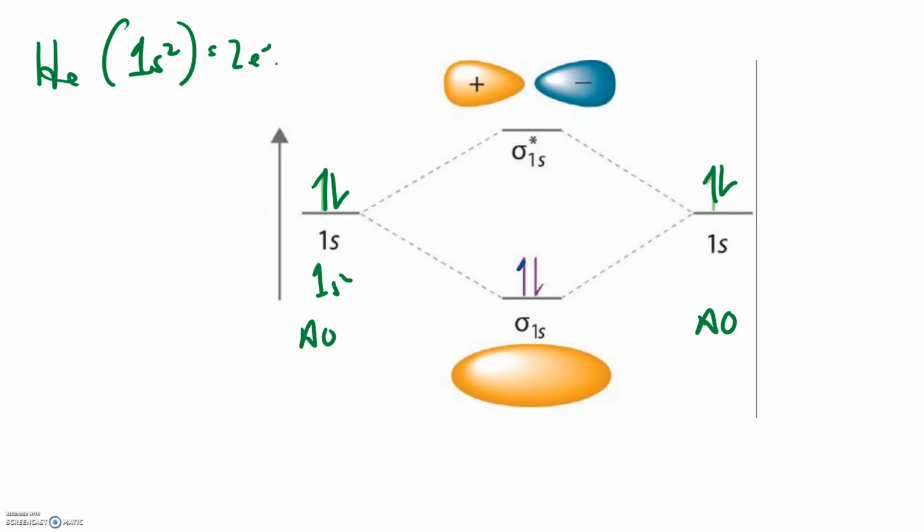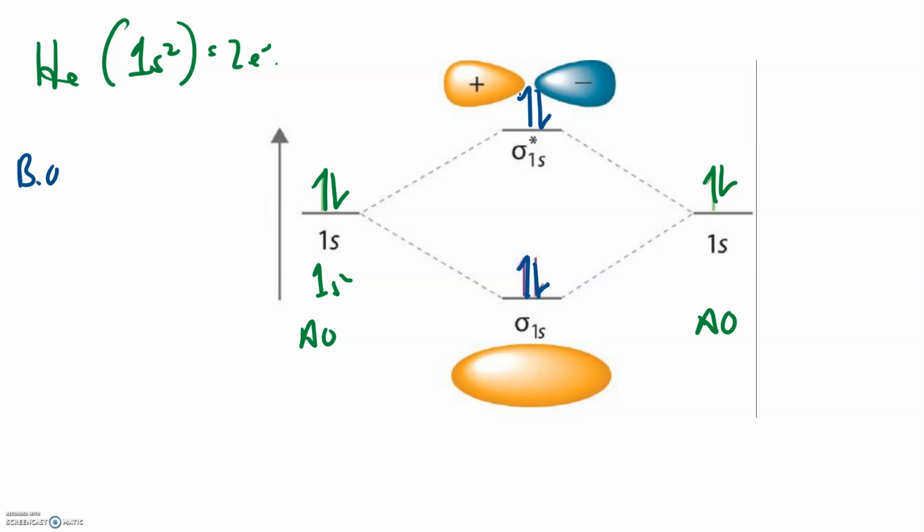Well, just like Hund's rule says, we'll put the first 2 in the bonding version, the sigma 1s. We'll put the remaining 2 in the only available place there is, which is the sigma star 1s, the anti-bonding version. And so what's the bond order?